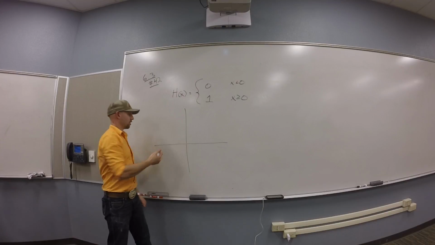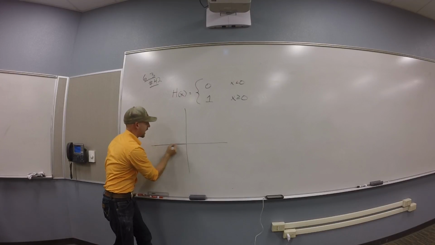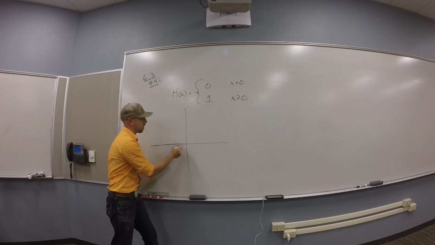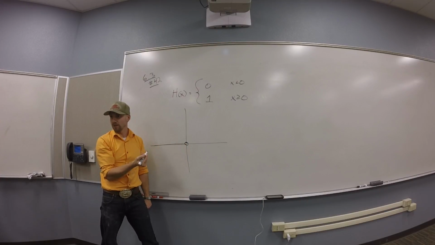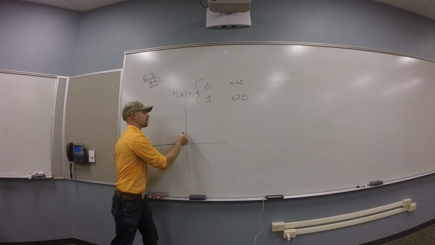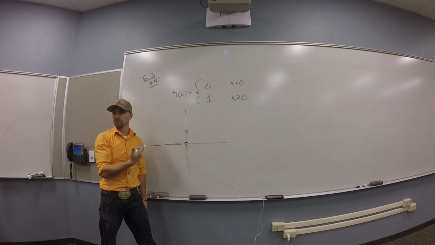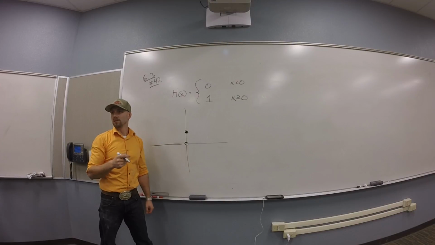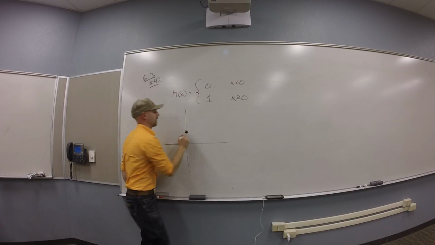It's a flat line over the x-axis until we get to 0, and it doesn't include that point. And then what is it after we get to 0? Then it jumps up to 1, with a closed dot, and goes to infinity. It's just flat, constant.